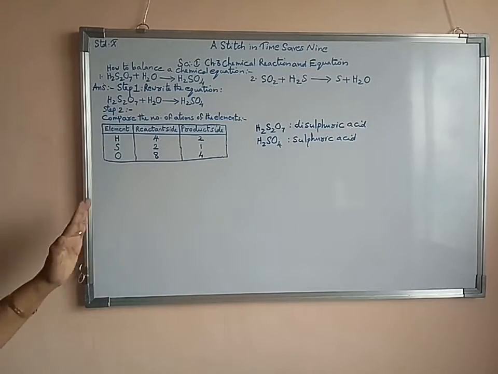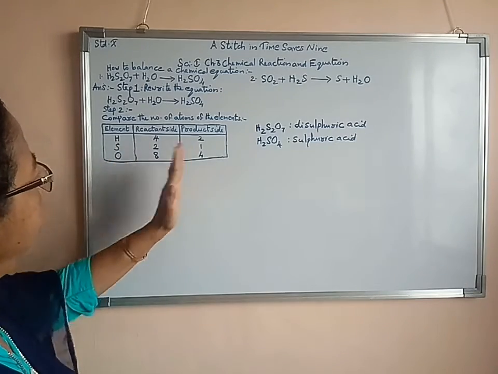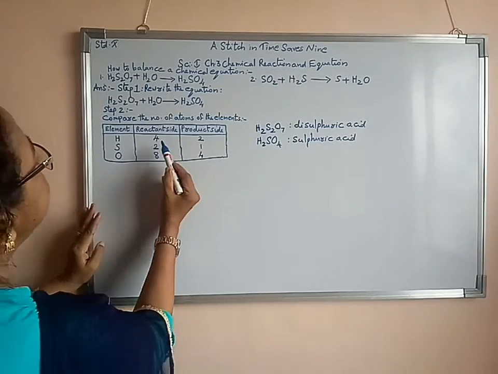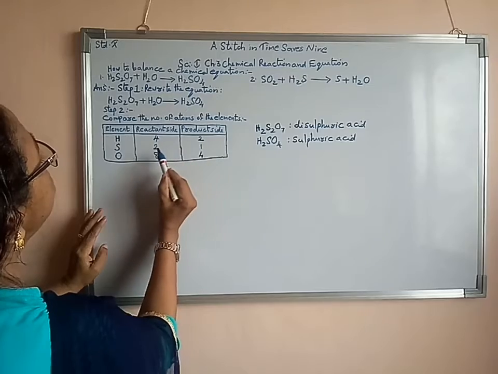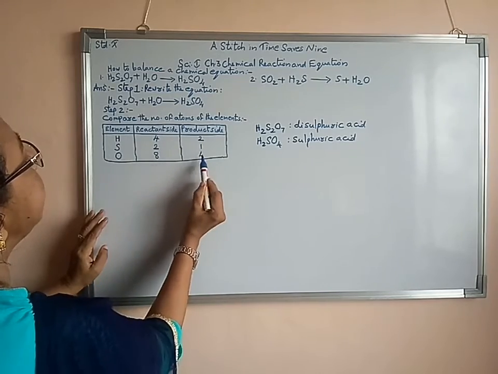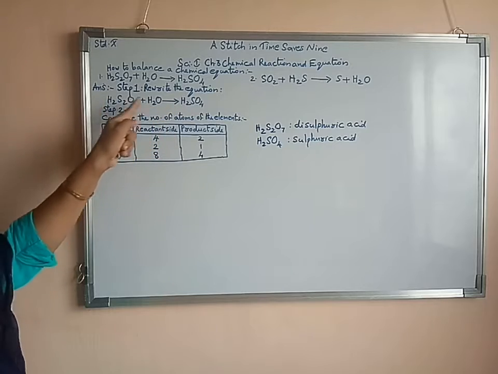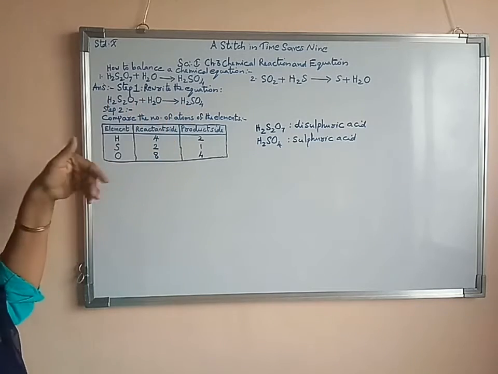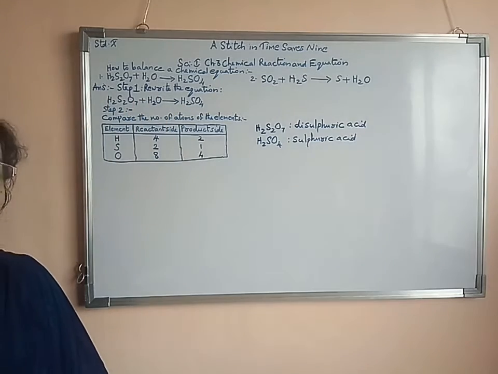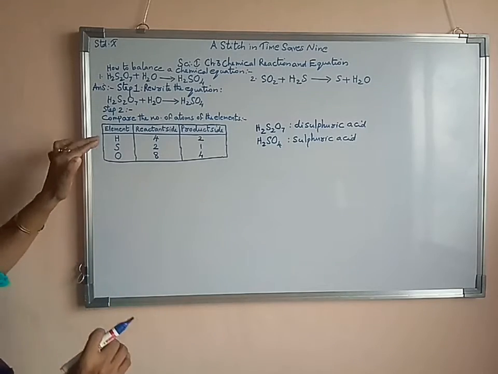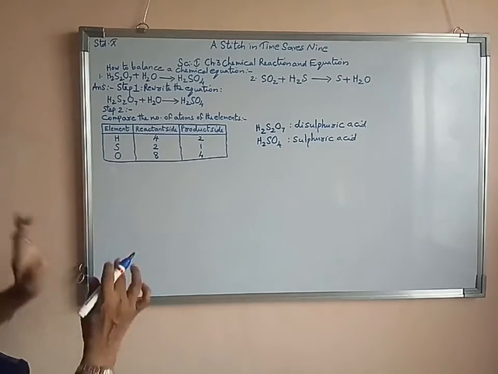Now we have to see which elements we have to balance. Here 4 but 2, 2 but 1, here 8 but here 4. That means for all the elements, the atoms are not equal, so everything we need to balance. Now we will start with the first element.